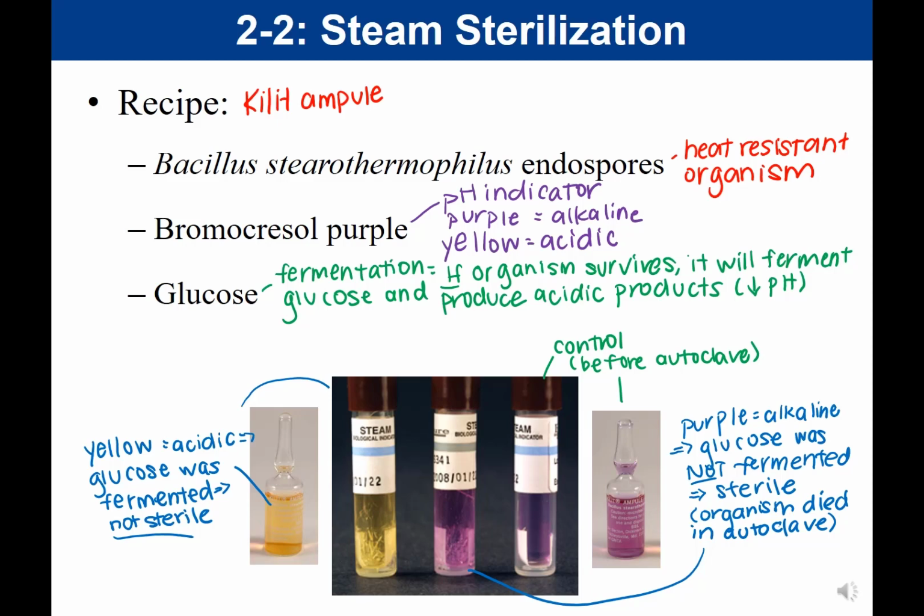It's a special tape that has stripes on it, and normally those stripes are white. But when it runs through the autoclave, those stripes will turn black, which tells us that whatever has that tape on it has run through the autoclave. And so that's just an added layer, but the best indication would be to do the ampule to see if the endospores were able to survive or not.